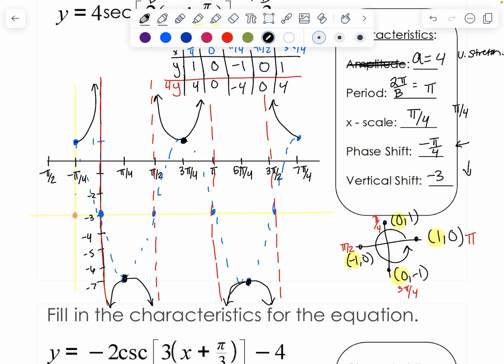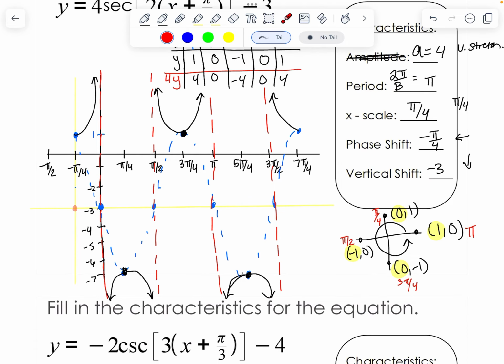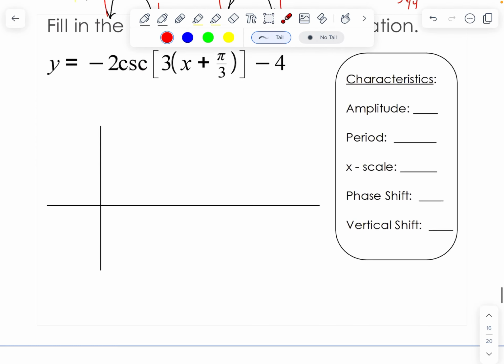And so if I got rid of everything and you only saw the black curves, that's my secant graph. There's a lot going on there, but those black curves are my official graph.